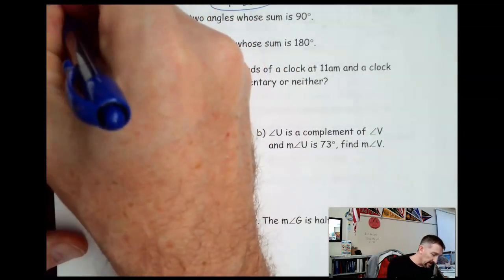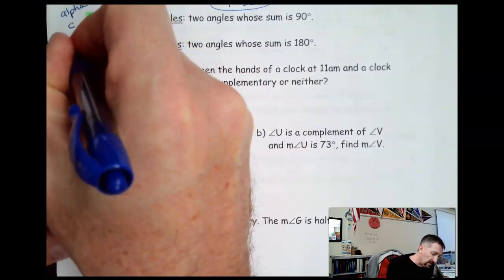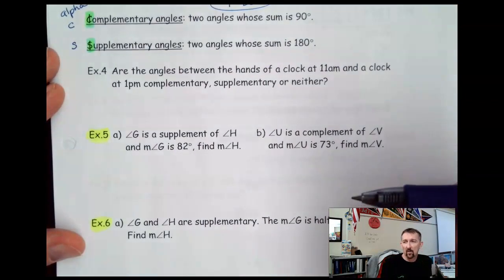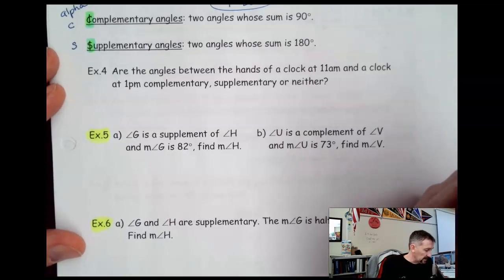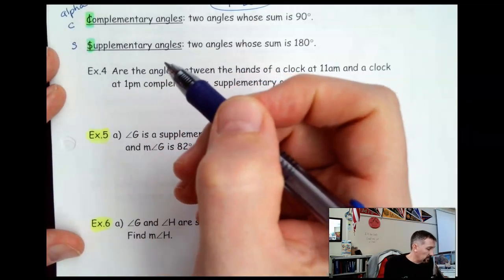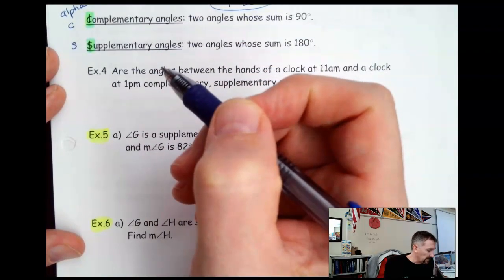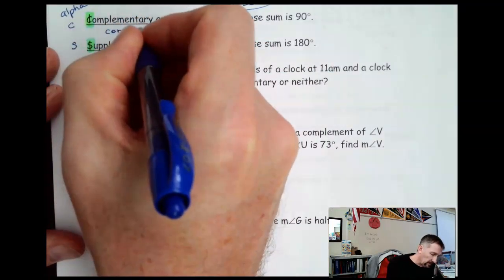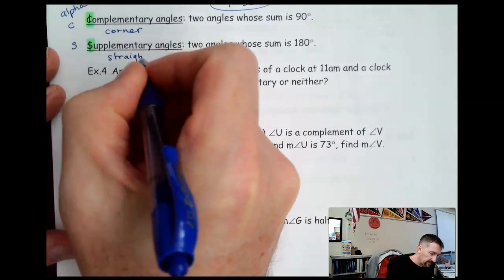Another way to remember it is alphabetical order. Alphabetically, C comes before S, and numerically 90 comes before 180. So you need to memorize those. Another way to remember that is C for corner, a right angle, and supplementary for straight, like a straight line.